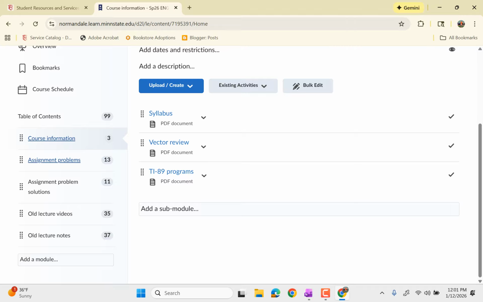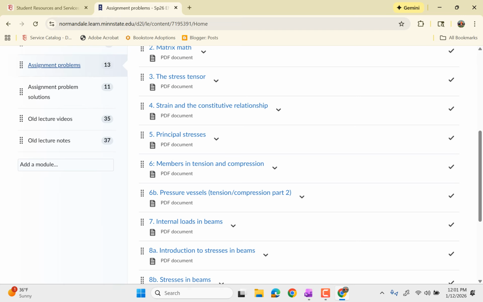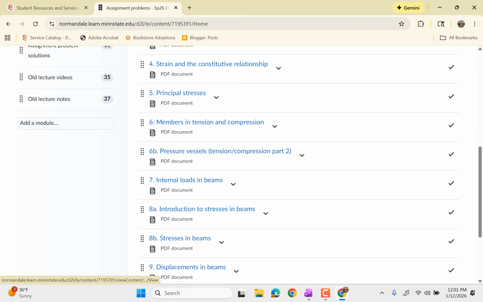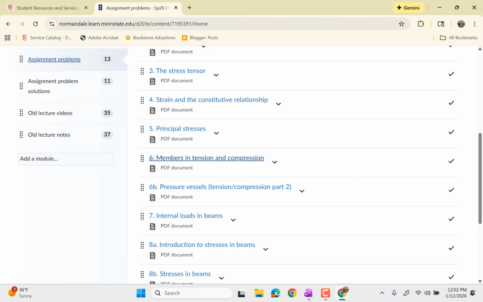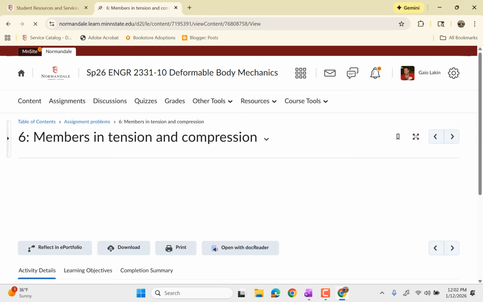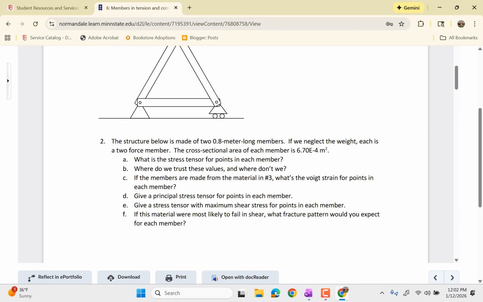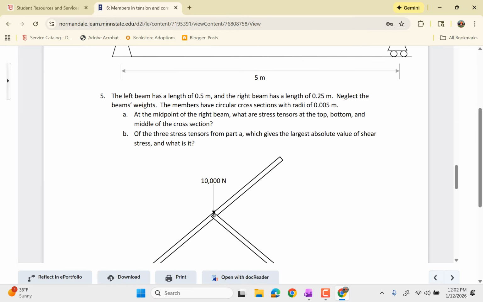Some other things that'll be useful to know about are assignment problems. This is every class. When I give you your assignment for the class, it's going to come from these. So maybe at some point I'll say the assignment for today is members in tension and compression, numbers 3, 4, and 5 or something.